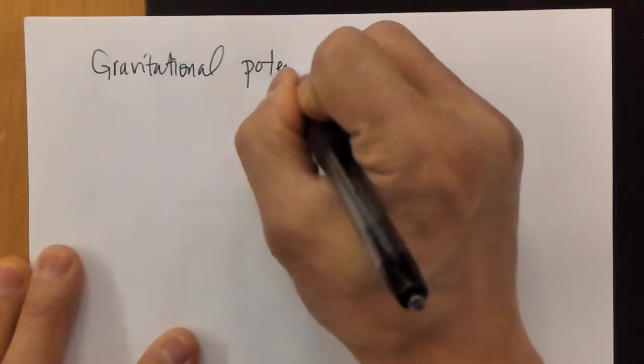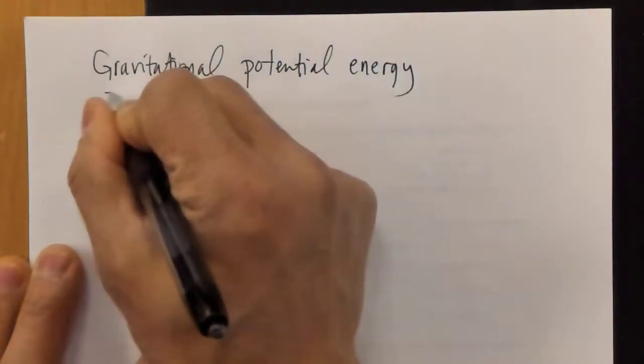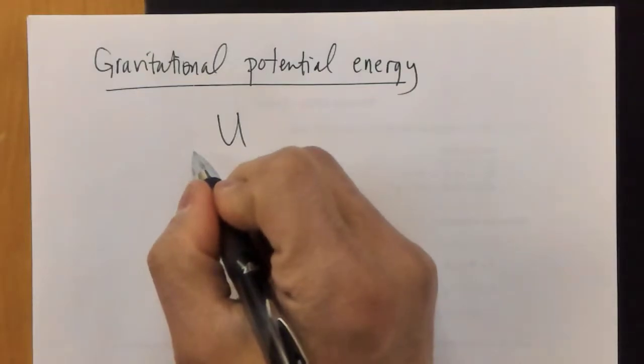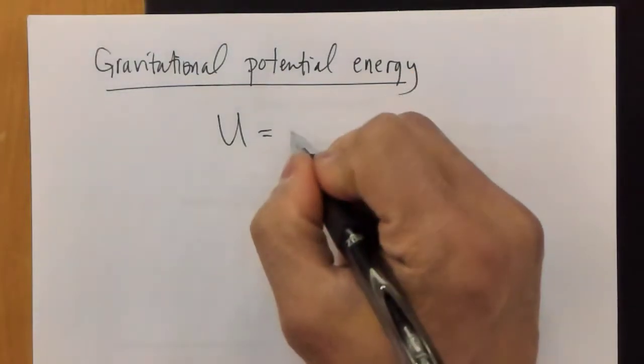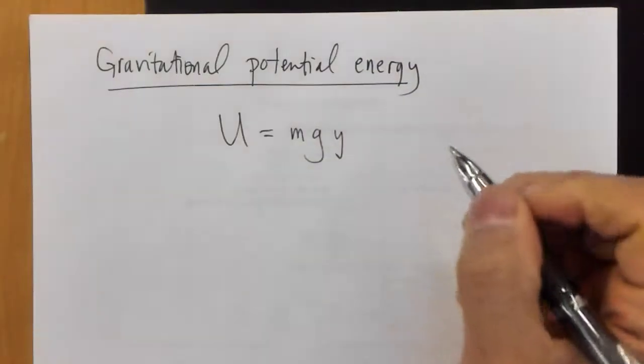So let's talk about the gravitational potential energy. Okay, so the formula, the gravitational potential energy, is equal to the mass times g times y.